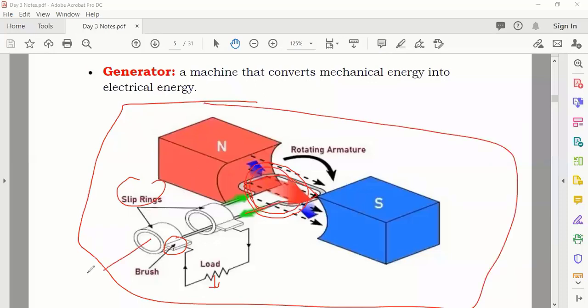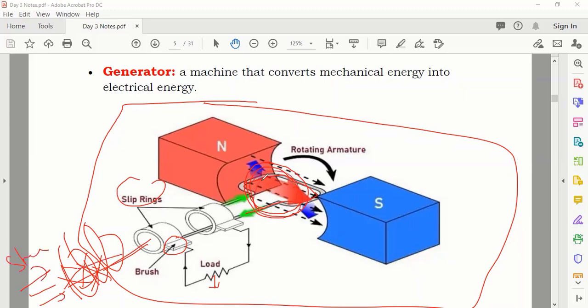If you fit this coil with a turbine, when steam comes, this turbine moves and this coil starts to move and electricity starts to be produced. Here I can use steam, here I can use wind, here I can use water to move the turbine. And the turbine will move the generator and electricity is produced.